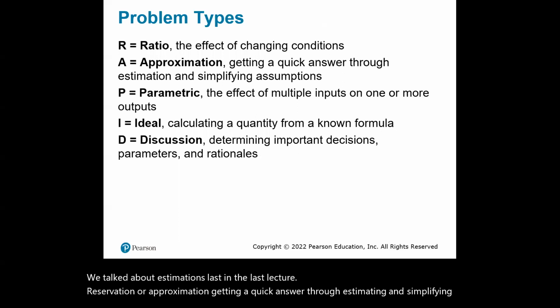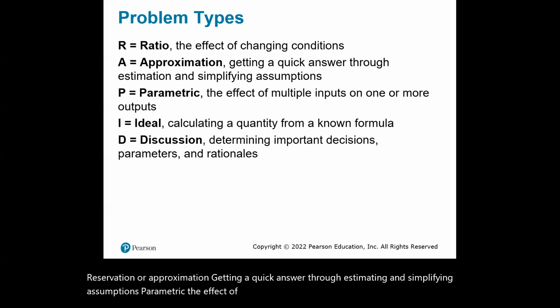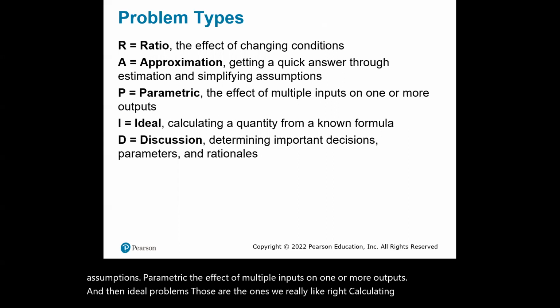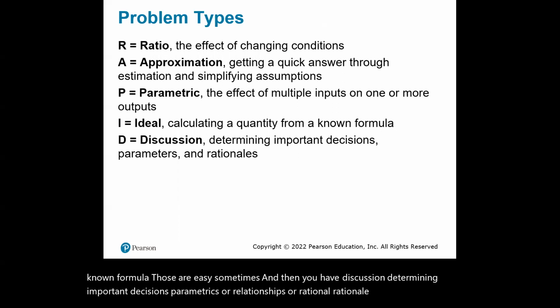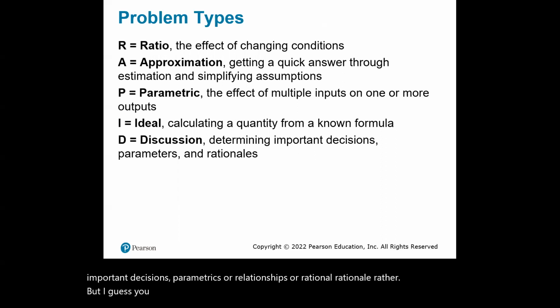Parametric, the effect of multiple inputs on one or more outputs. And then ideal problems, those are the ones we really like, right? Calculating a quantity from a known formula, those are easy sometimes. And then you have discussion, determining important decisions, parametrics and relationships, or rationale rather. Which I guess you can also say relationships.